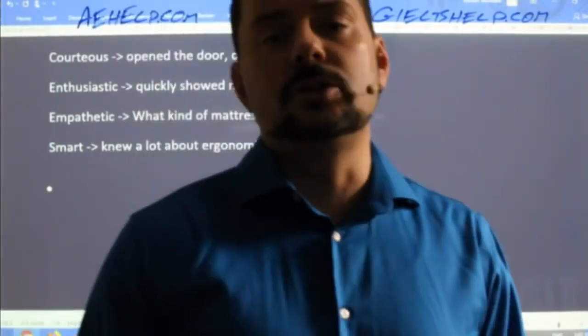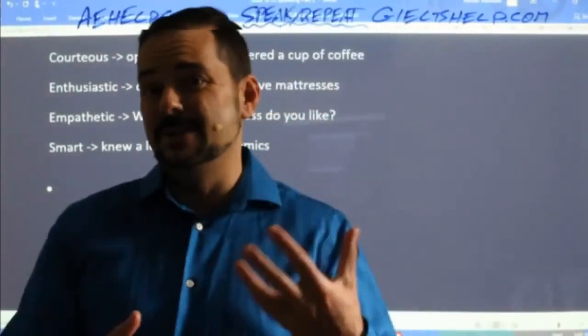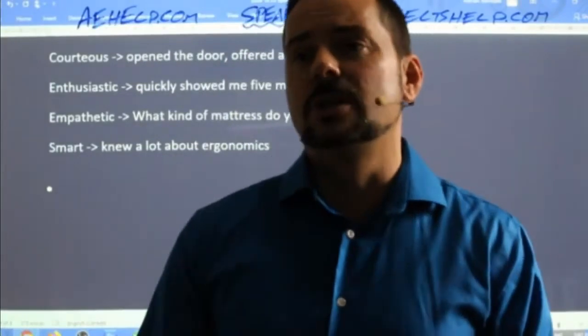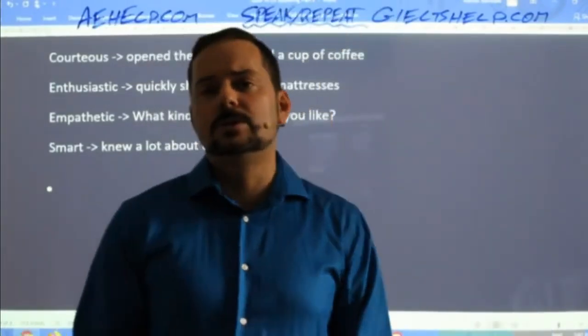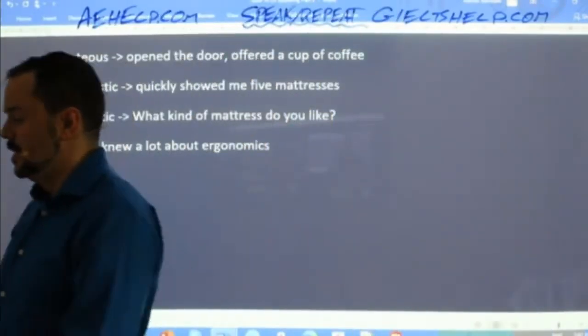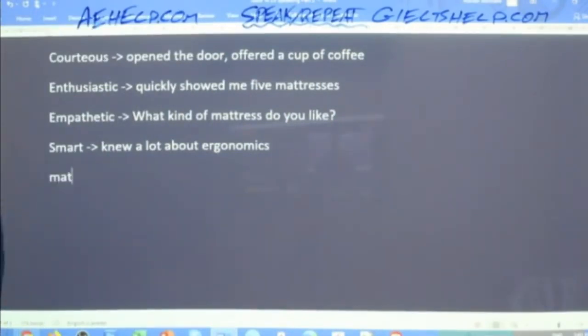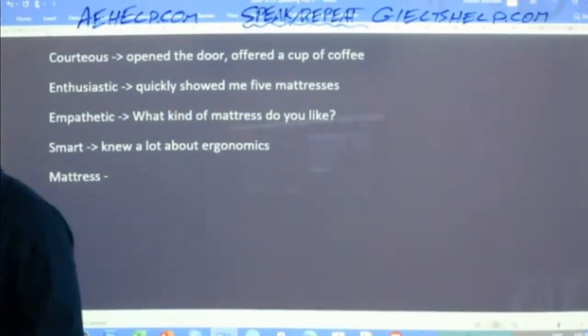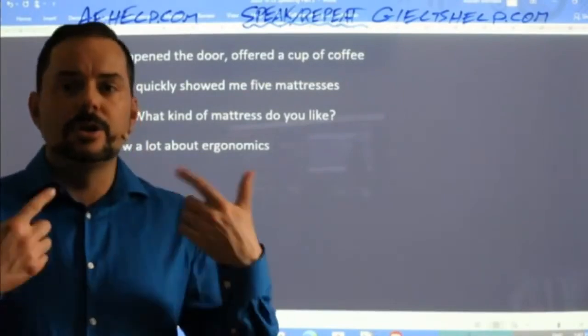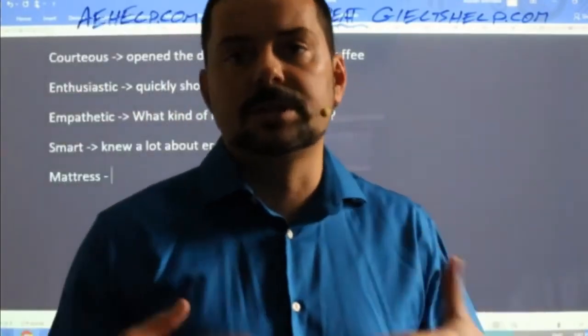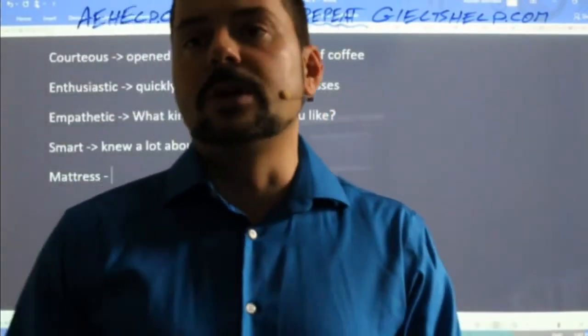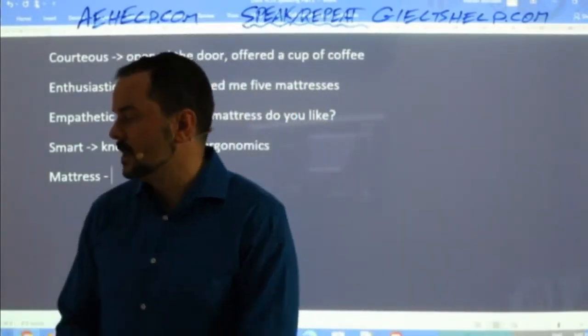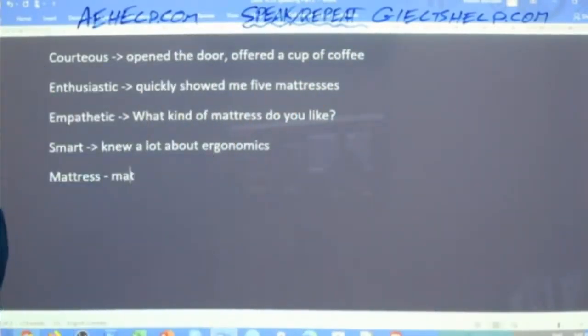Good. So now we want to think about some quick vocabulary for mattresses. When you're shopping for a mattress, because you might be making this up, you might be using your imagination, what do you want to consider? Beckjan says what it's made of, so materials.